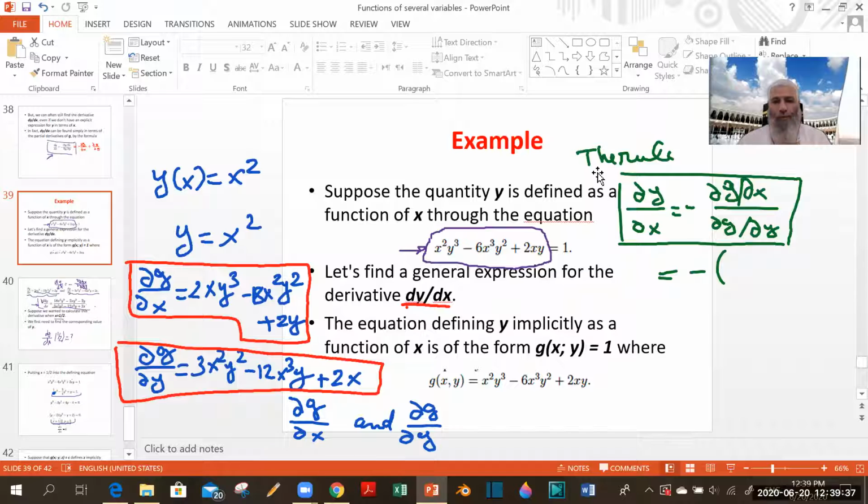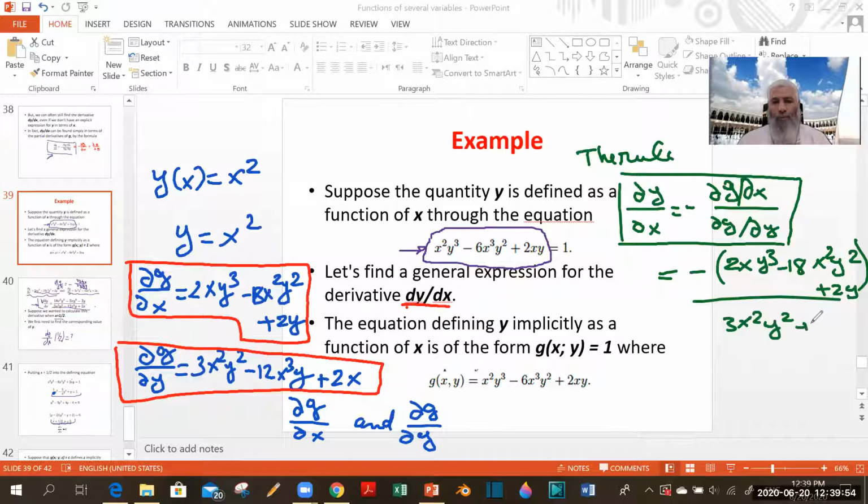So negative this: 2xy cubed minus 18x squared y squared plus 2y, divided by 3x squared y squared minus 12x cubed y plus 2x, right?